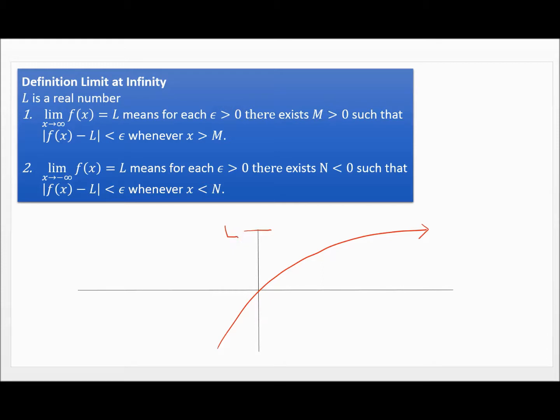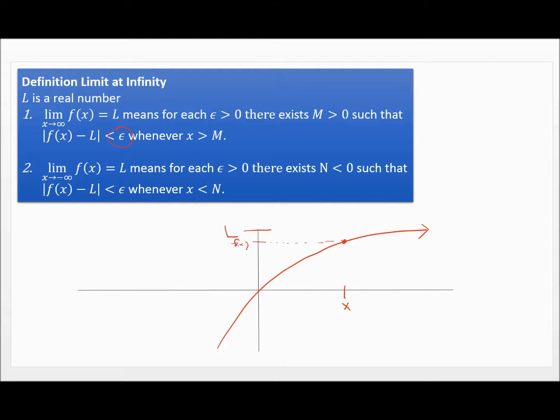Now, here's what they're saying. Remember, epsilon is a really small number. Think about it as a distance. They're saying the distance between f of x and L. So let's just say here's my x value, which means right over here is my f of x value.